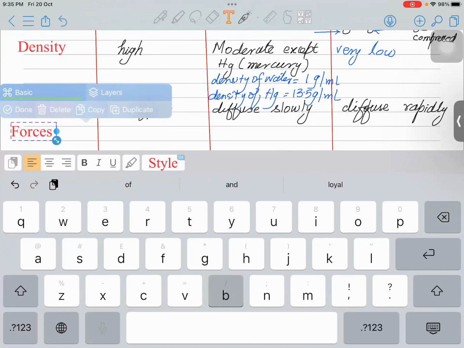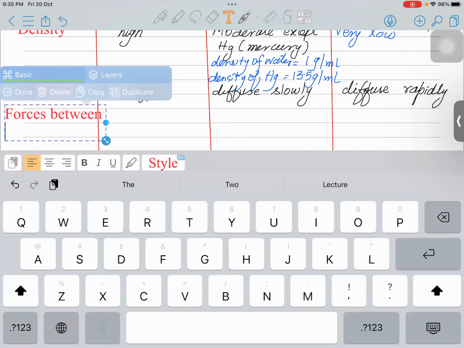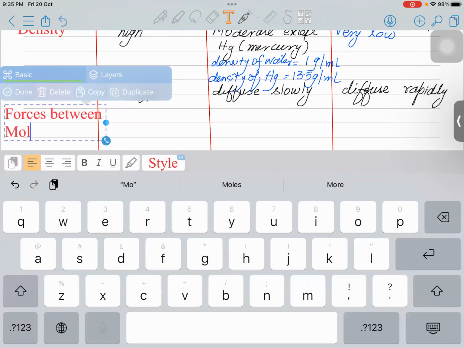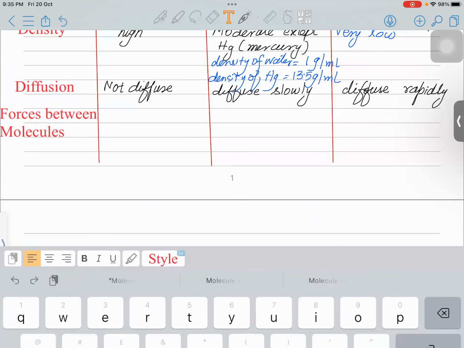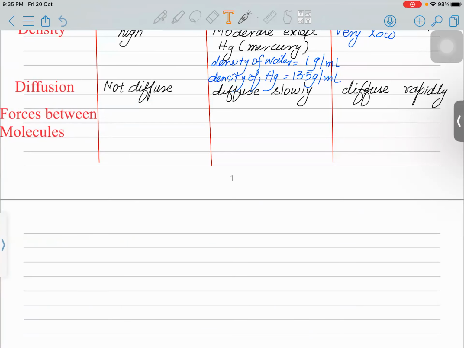Forces between molecules. Gases particles are very close to each other, so they have very strong force of attraction.